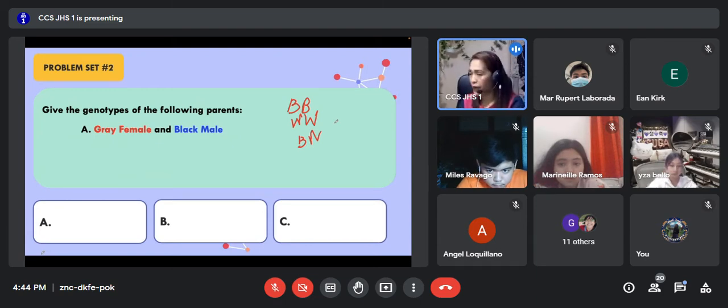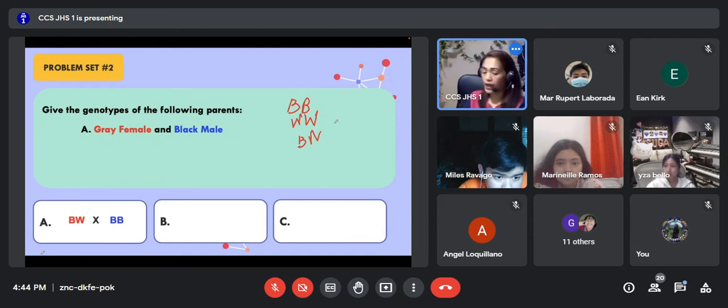So, first set of parents. Mother is gray, father is black. How do you write their individual genotype? So, that would be BW for gray, BB for black.